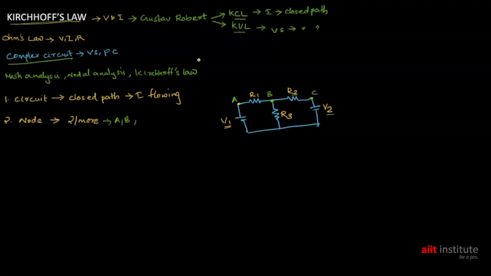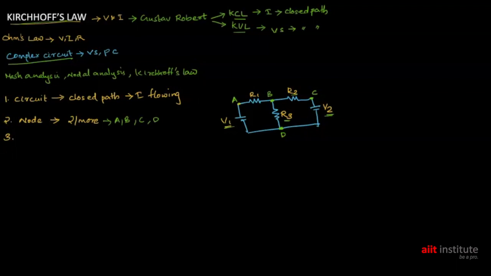I am naming this point C. C is also a node. And here, both the voltage source and the resistor R3 are meeting at this point. I am naming this point D. So D is also a node. If two or more circuit elements meet at any point, we call it a node.